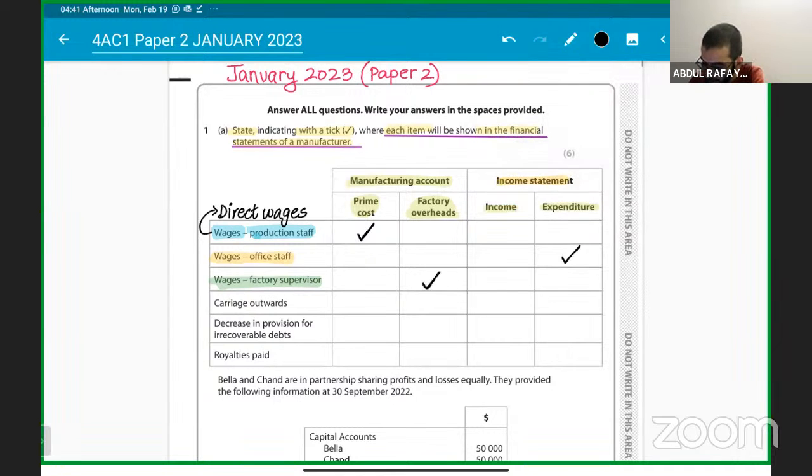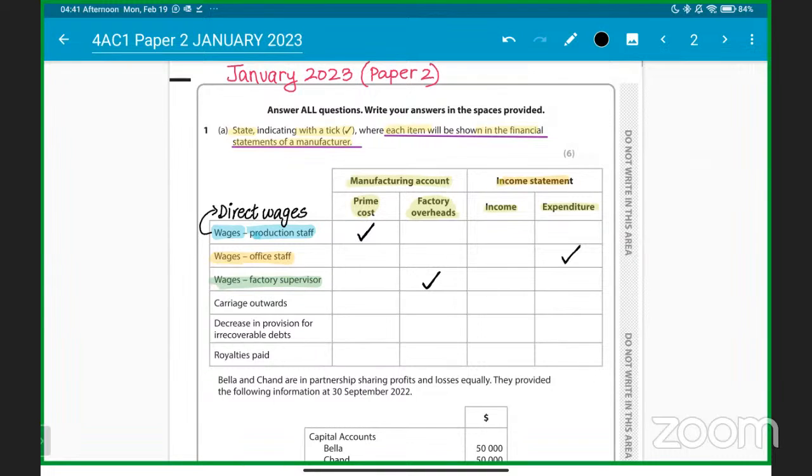They are not directly related to the production process, but they do the supervising job, and they are part of the overheads. So we classify wages of factory supervisors as part of the factory overheads.